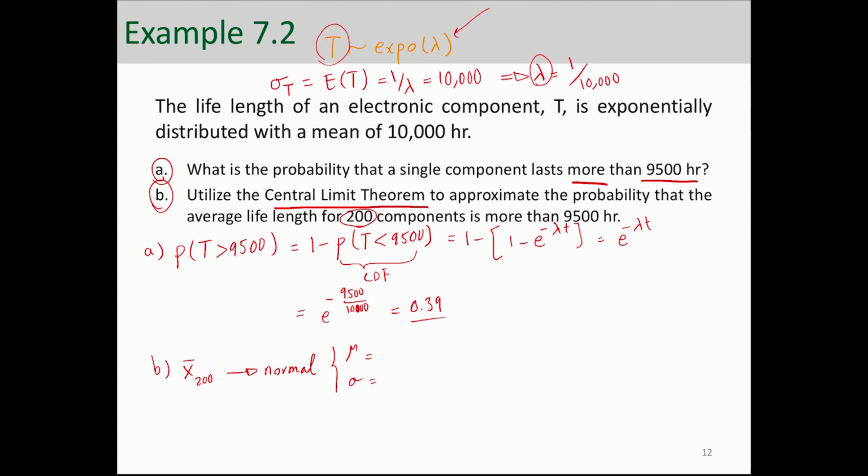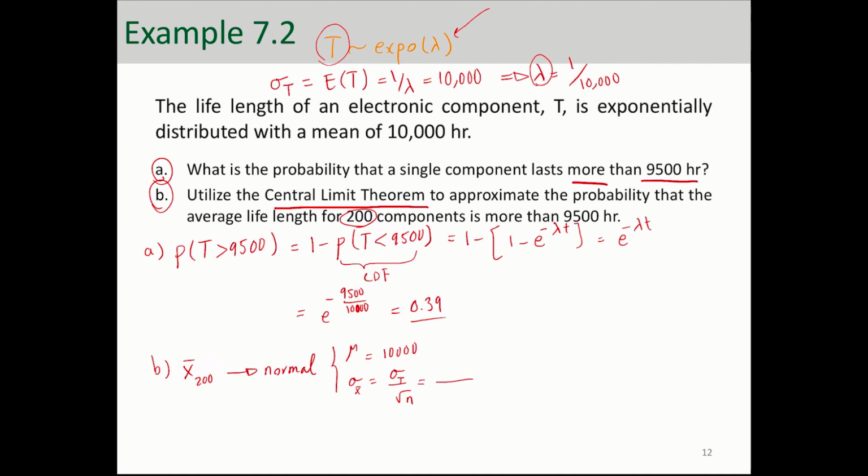The mu is going to be the same mu, that is 10,000. The new sigma will be sigma over square root of n. That's what we learned in the central limit theorem. So basically, let's call it sigma of x bar, which will be sigma of t divided by square root of n.